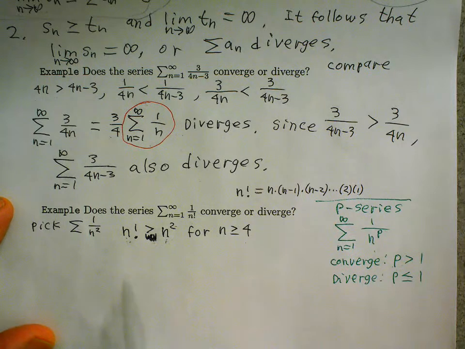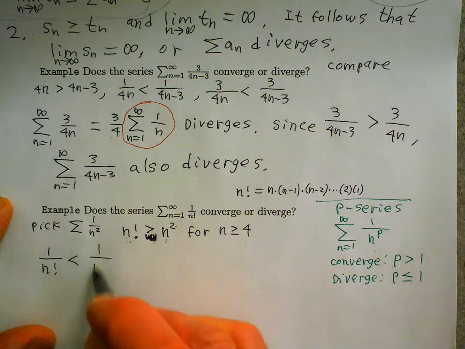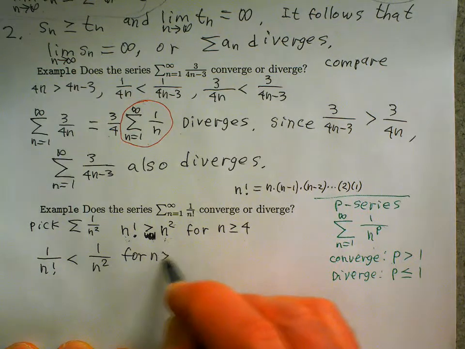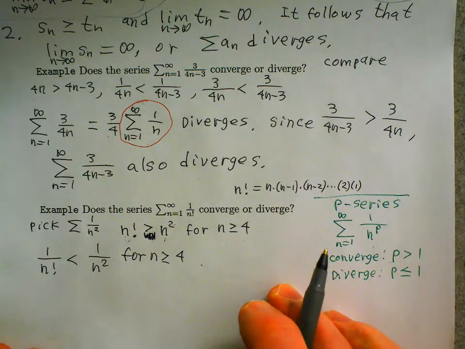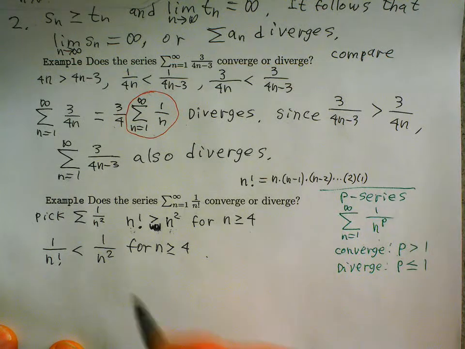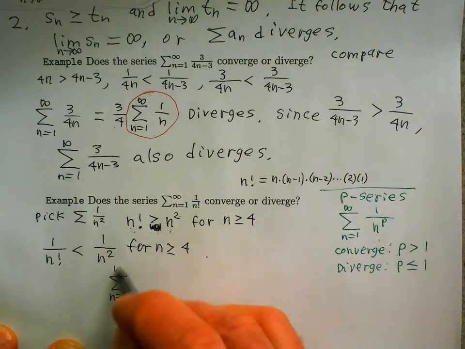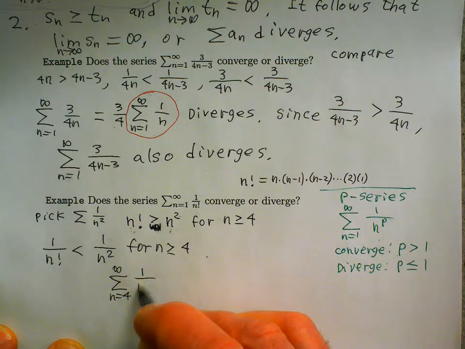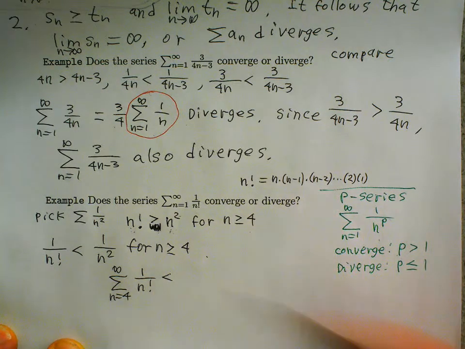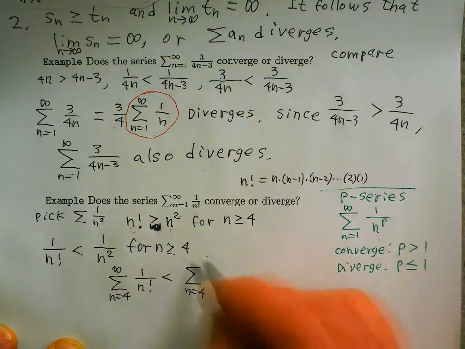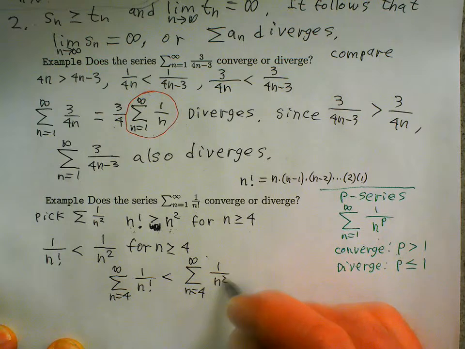So what does that mean? That means 1 over n factorial is less than 1 over n to the second for n greater than or equal to 4. And so by comparison, the infinite series, if we start at n equals 4 and go to infinity of 1 over n factorial, that has to be less than the p series starting at n equals 4 of 1 over n squared.